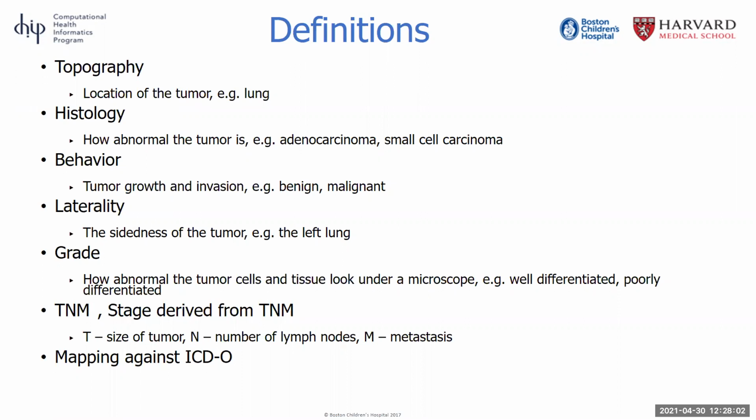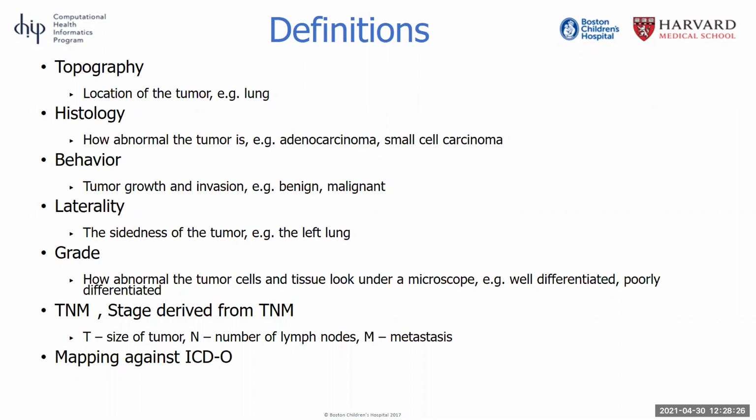site. There is the histology, how abnormal the tumor is. There is the behavior, the tumor growth, and the invasion, whether it's a benign or malignant tumor. The laterality, when there is such associated with the tumor. The grade, which shows how abnormal the tumor cells and tissue look under a microscope.